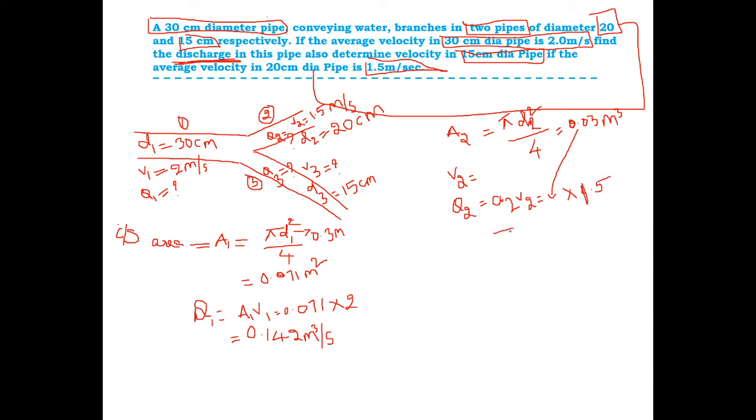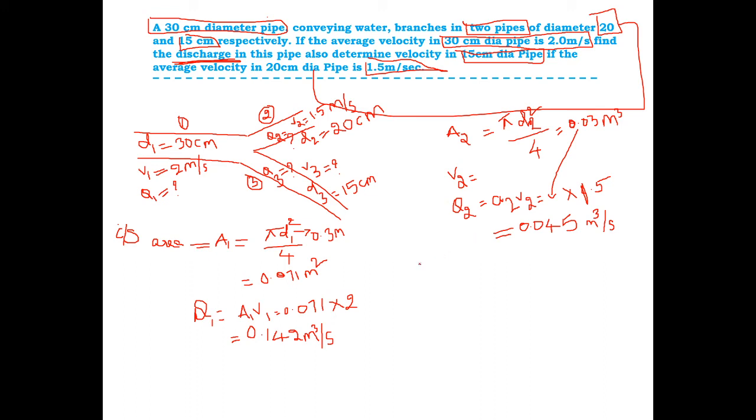You will get 0.03 into 1.5, 0.045 meter cube per second.